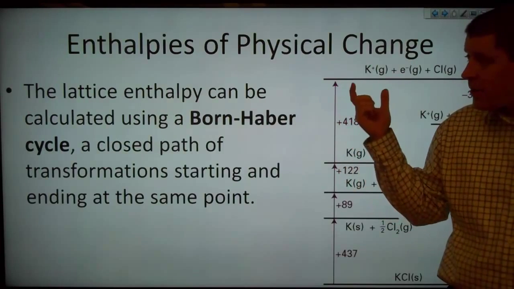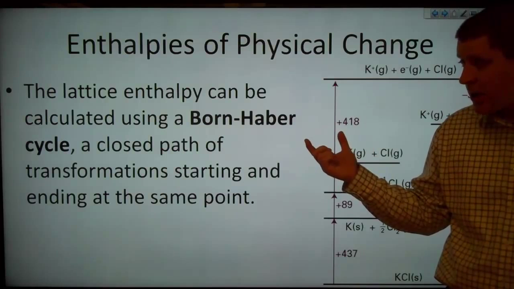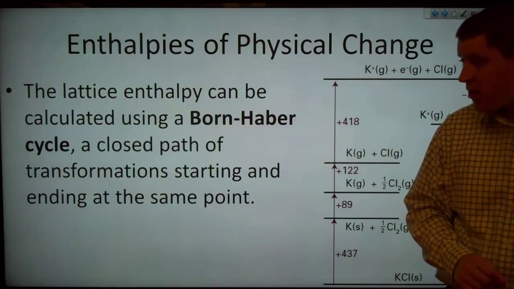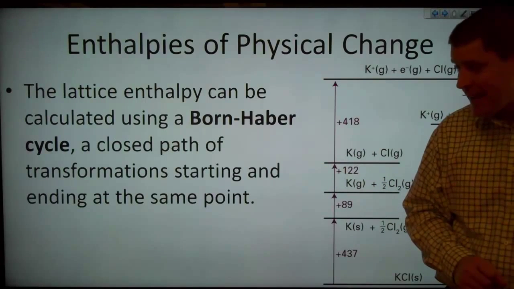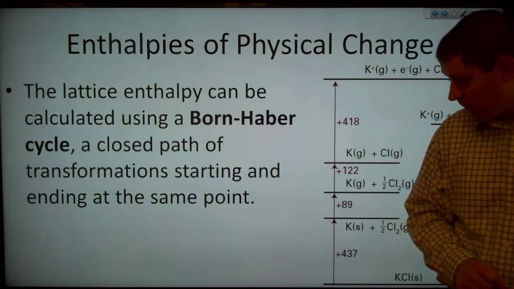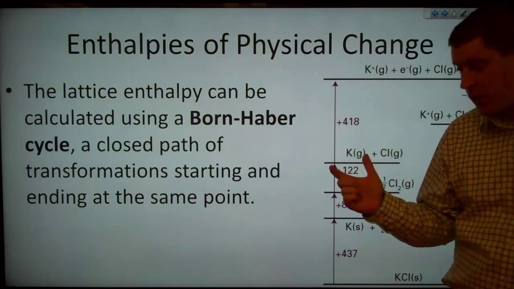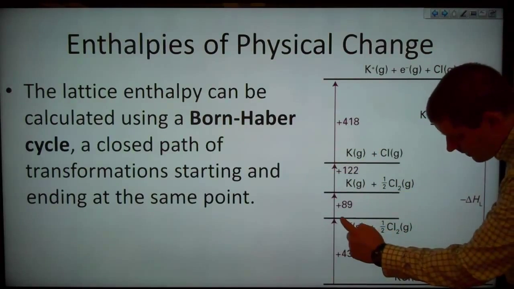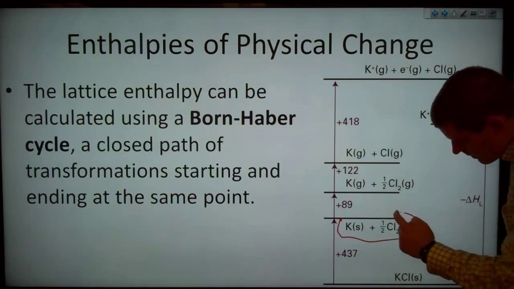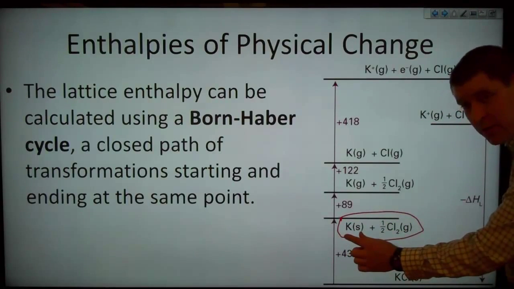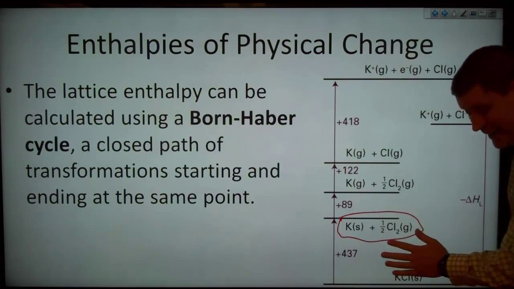The lattice enthalpy can be calculated using a Born-Haber cycle, which is a closed path of transformation starting and ending at the same point. For example, if we're looking at potassium chloride, we can start out here with our potassium solid and our chlorine gas.